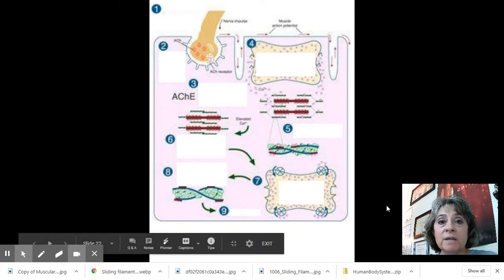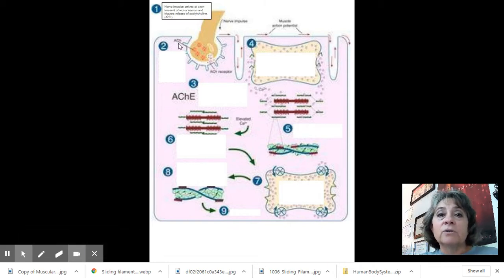In this picture, for number 1 up here, the box you should be dragging is the one that says nerve impulse arrives at the axon terminal. That's the end of the axon, which is part of your nerve here. It releases a chemical called acetylcholine, abbreviated ACh. That chemical is going to move across this space here and actually bind to receptors on the muscle.